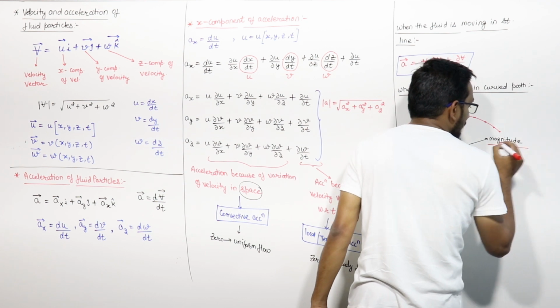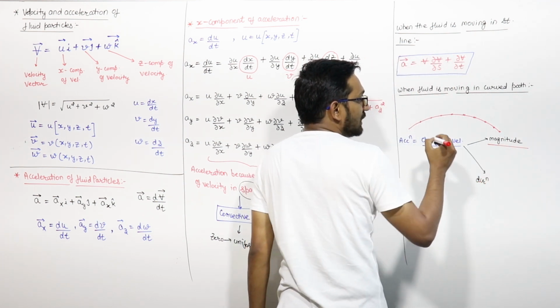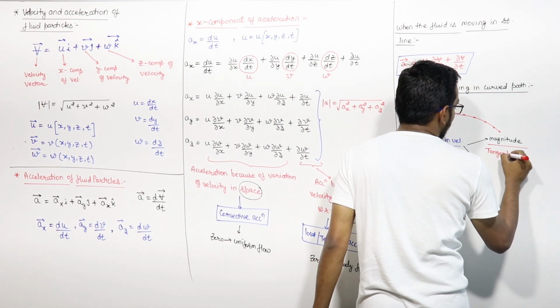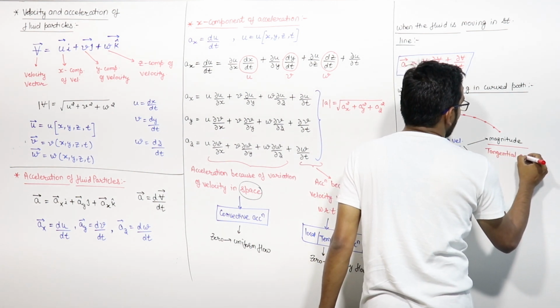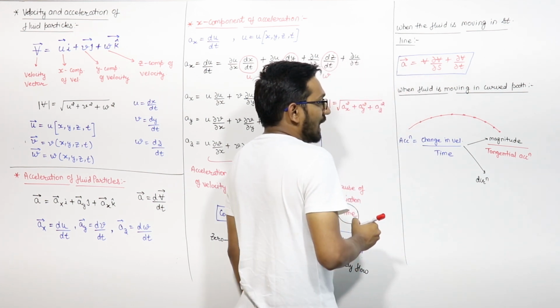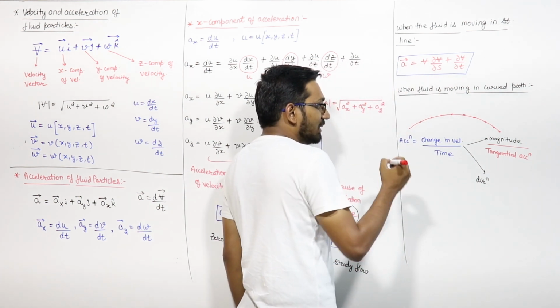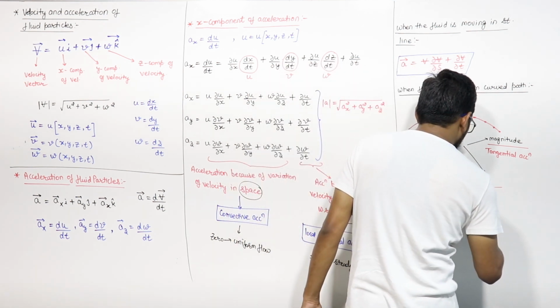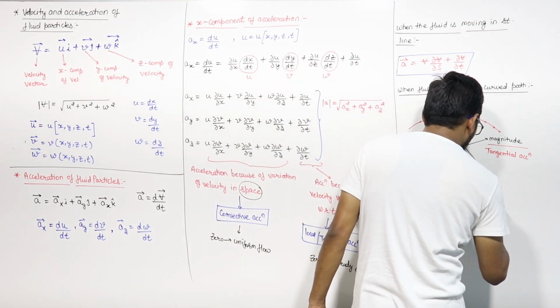The acceleration because of change of magnitude of velocity is known as tangential acceleration, and the acceleration because of change in the direction of velocity is known as normal acceleration.